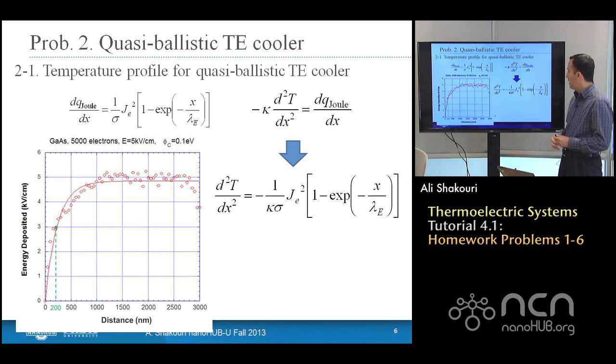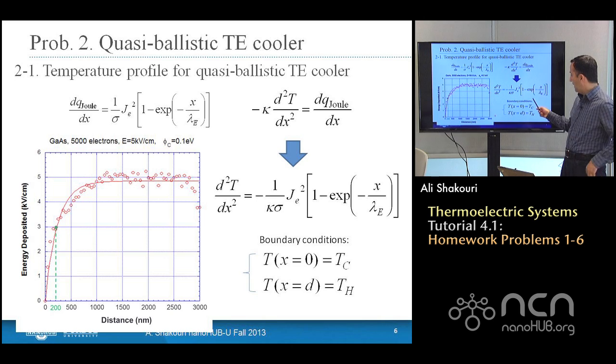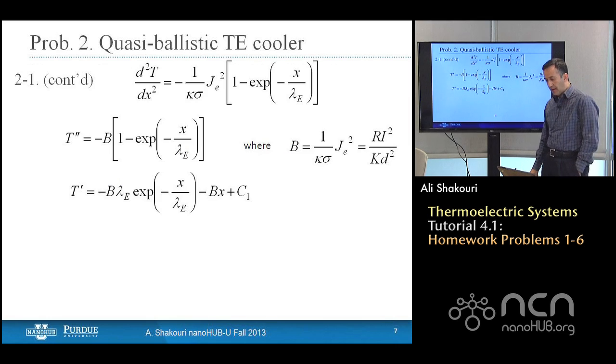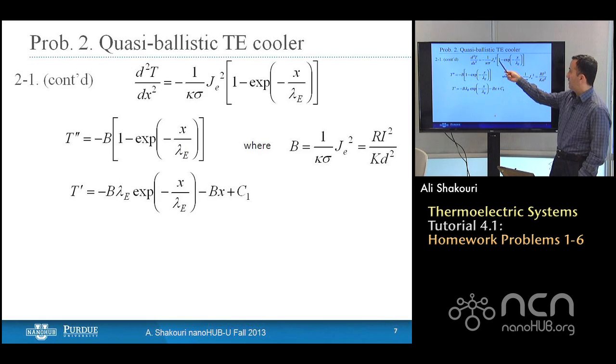The question is, before, without this term, we solved this differential equation and we knew the balance. Now with this term, how can we solve it? Again, we have two boundary conditions: temperature on the cold and the hot side are given at the two sides of the barrier. Here the equation is again written in this form.